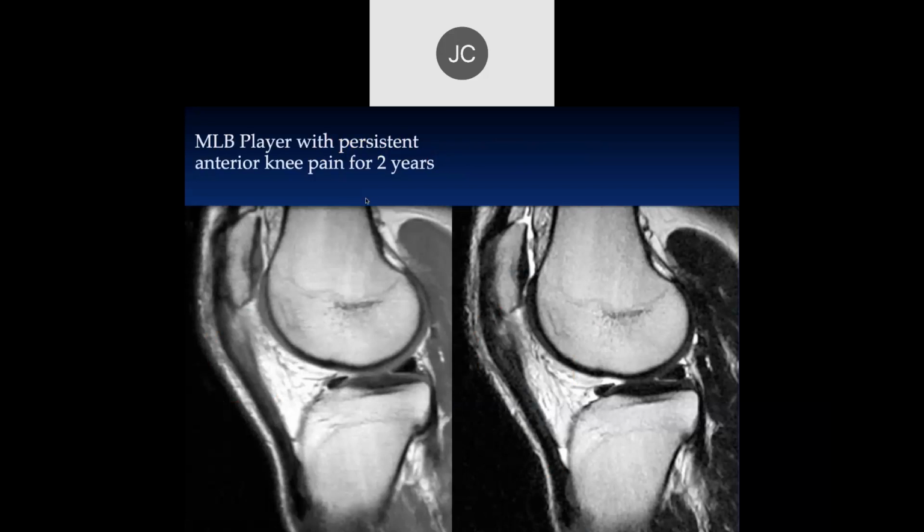It looks like we do have patellar tendinosis, but there's also some disruption of the deep fibers near the proximal aspect. This is a little bit more focal, with some disruption of the fibers here, so this is really more like a partial tear.